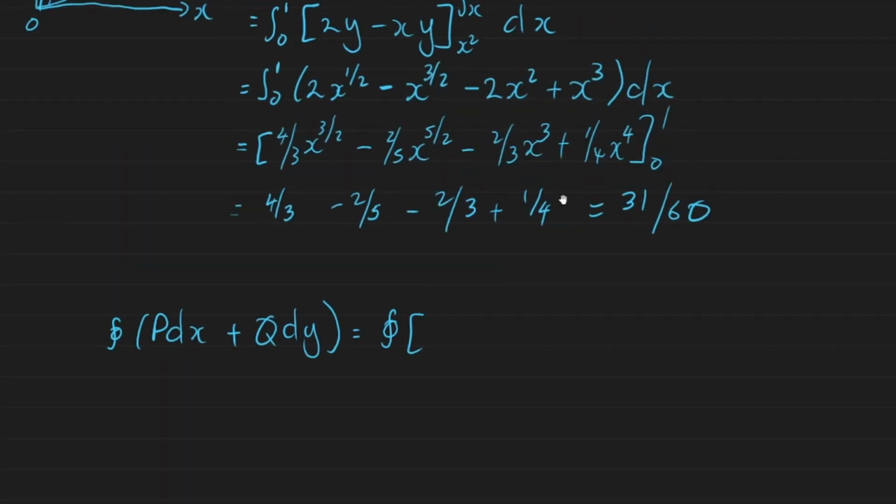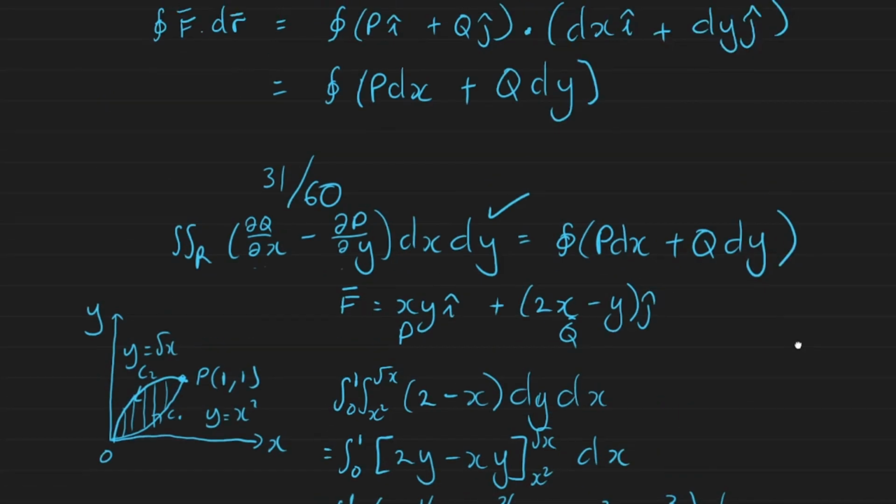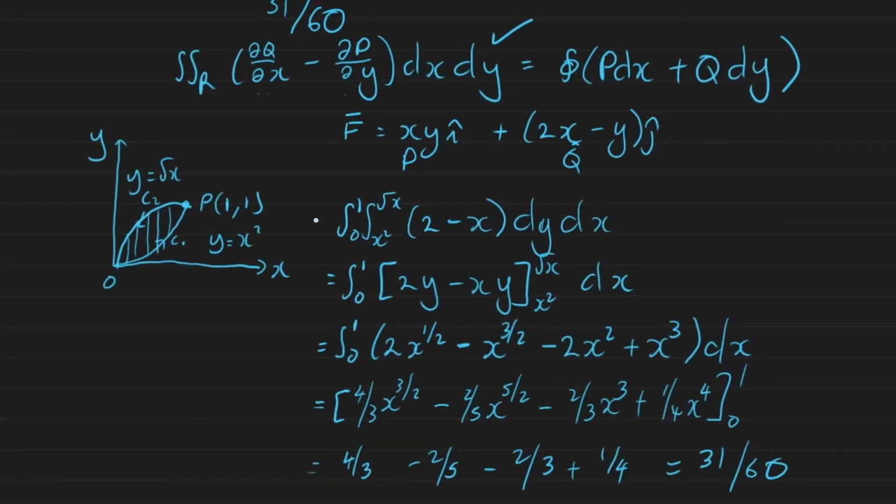What we're evaluating is the line integral around a closed path of p dx plus q dy, and this is equal to the area along the closed path of our components of the vector. Let's remind ourselves what the components of the vector are in the problem. It was given to us as xy times i hat and 2x minus y as the j component.